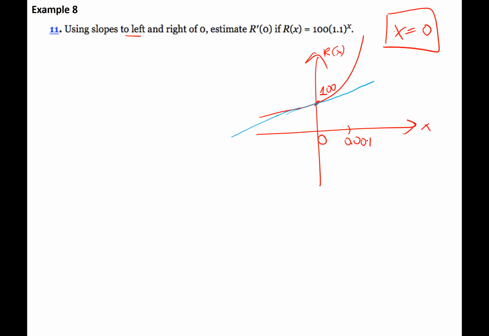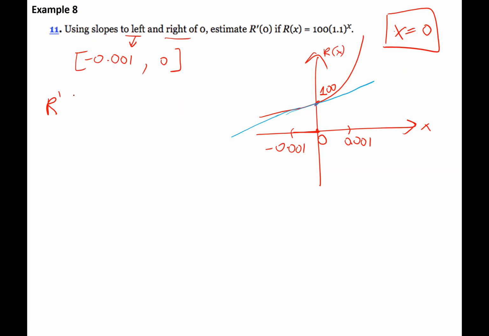Okay, that means 0. And I will try to go to 0.001, because they want us to go to the left and to the right, and negative 0.001. First, let's focus on the interval between negative 0.001 up to 0. This will be my left-hand side approximation.